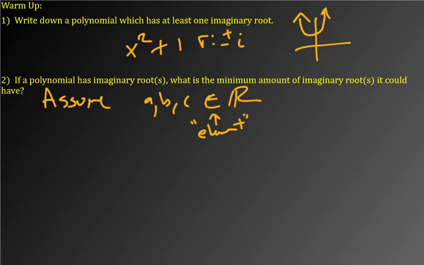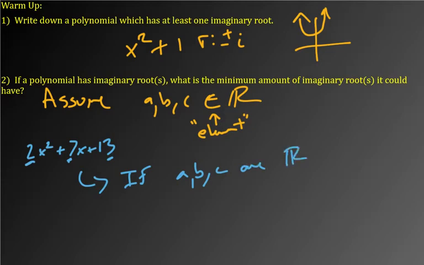If you do something like 2x squared plus 7x plus 13, whatever numbers you want to pick here, if you make those real, then it will have basically a minimum of 2. So if a, b, and c are real numbers, then your minimum is 2.